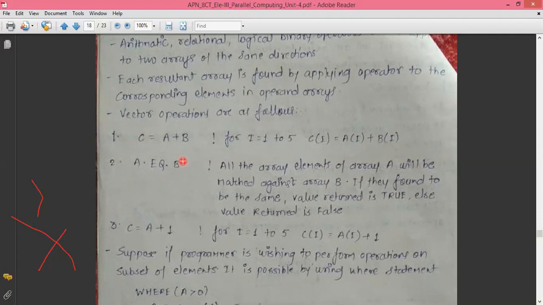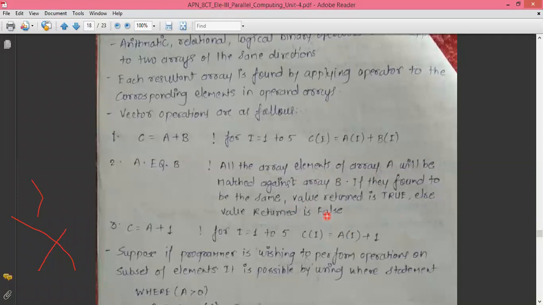The description here says all the elements of array A will be matched against array B. If found to be the same, the value returned is true, else false. If the two arrays are the same, the value returned is true.